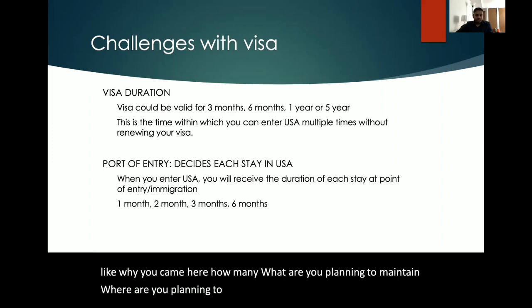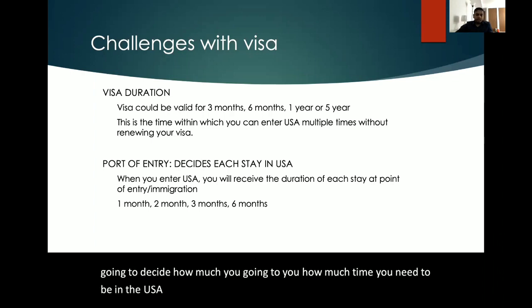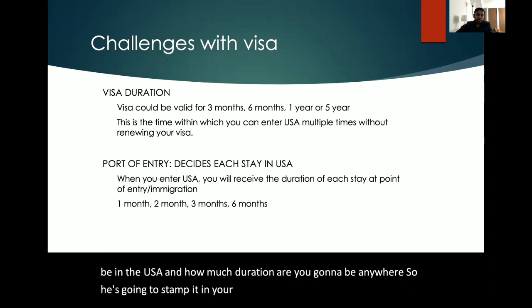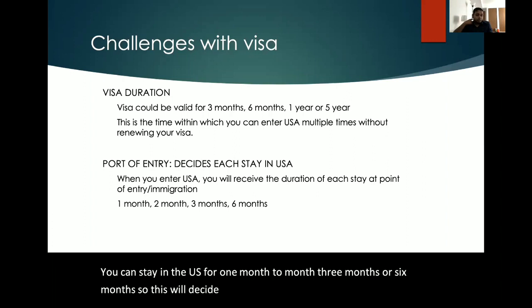This officer is going to decide how much time you can be in the US. He's going to stamp it in your passport saying you can stay in the US for 1 month, 2 months, 3 months, or 6 months. So this will decide how long you will be able to stay in the United States.